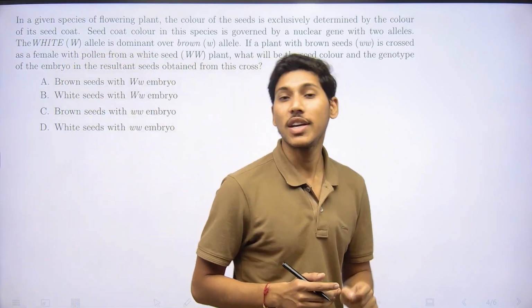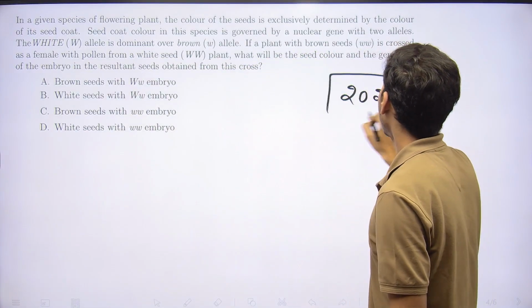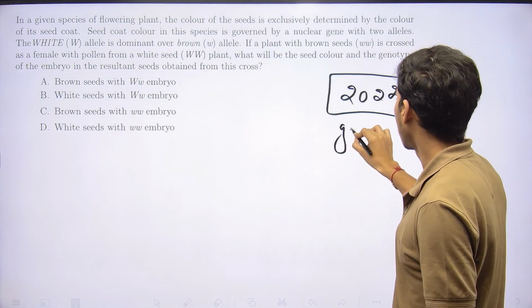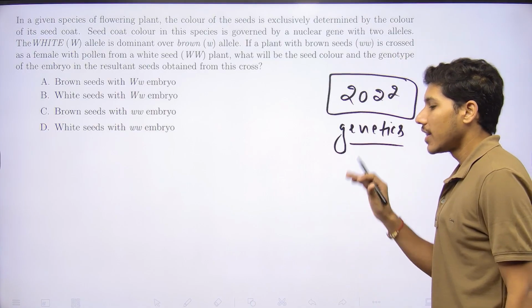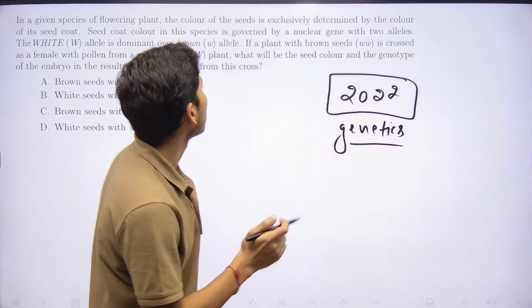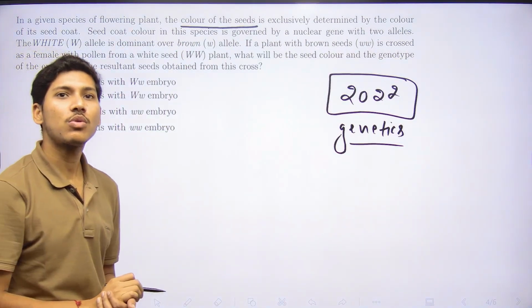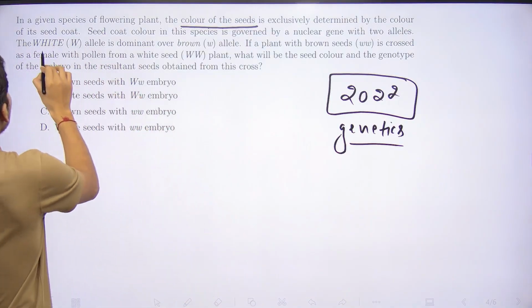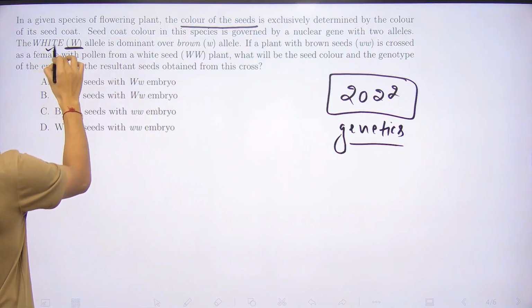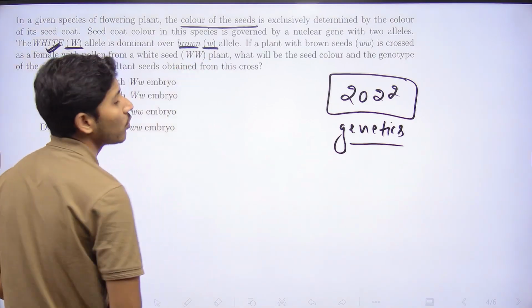Okay. This question was asked in year 2022 and this is from the topic of genetics. Now let's discuss what this question is asking. They are saying that the color of seeds is exclusively determined by two alleles. The first one is capital W, which gives white color, and the second one is small w, which gives brown color.